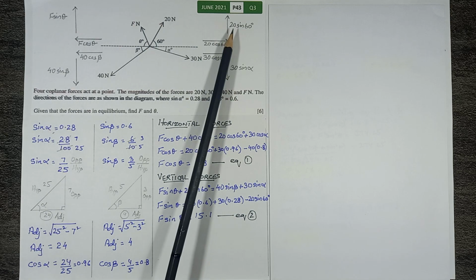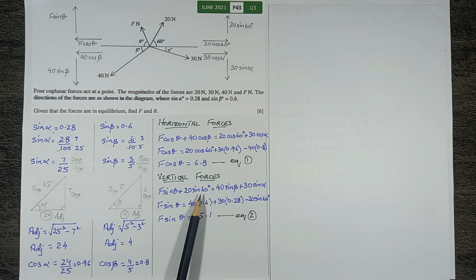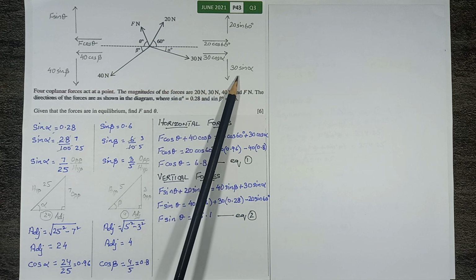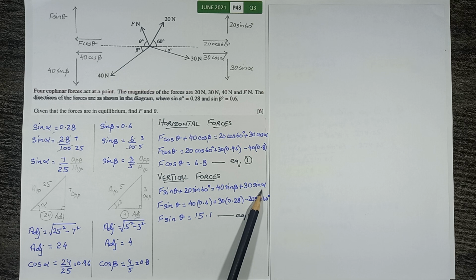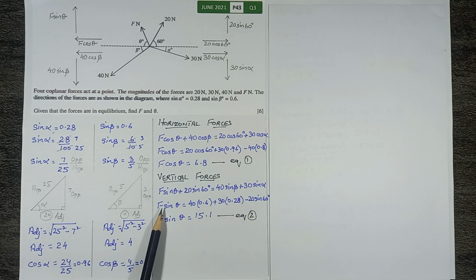So F sine theta plus 20 sine 60 would be equal to 40 sine beta plus 30 sine alpha, and we know the values of sine beta and sine alpha, they were given in the question. Just place them, simplify them, and after simplification we can say that F sine theta is equal to 15.1.